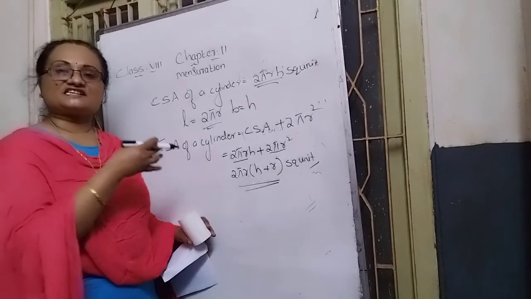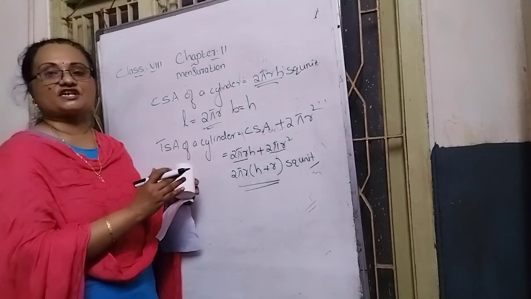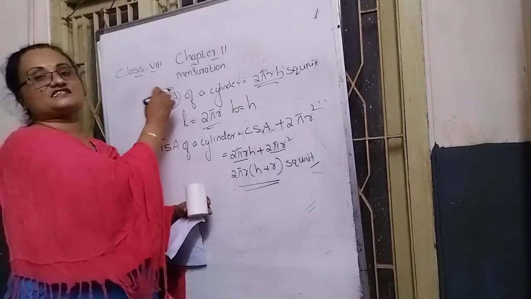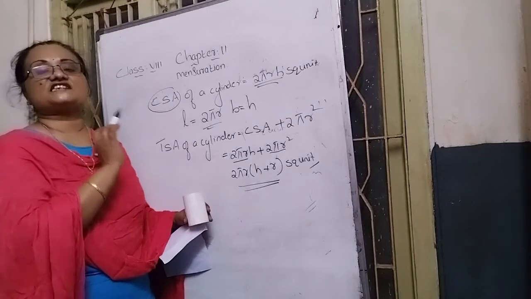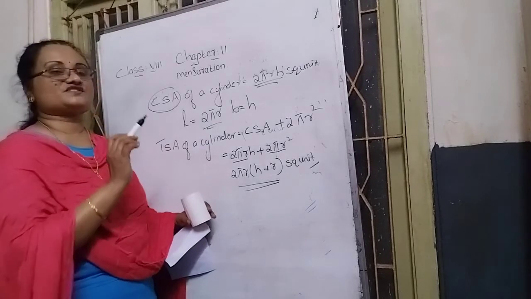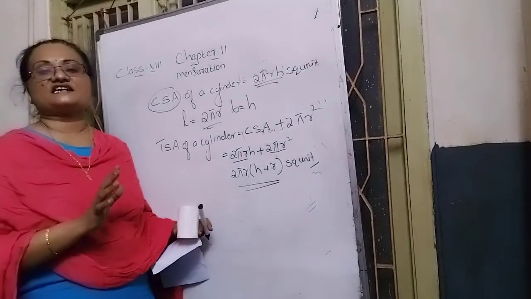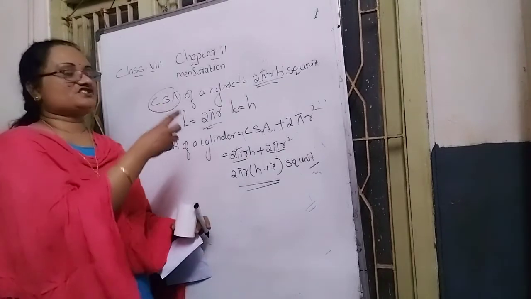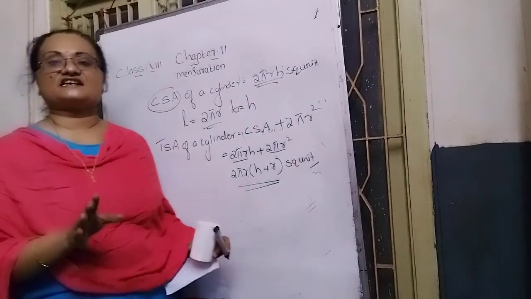But in the cylinder case, one face is in which shape? A curved shape only. That's why we use CSA, curved surface area. Both have the same meaning. The formula is 2 pi r h. TSA of a cylinder is 2 pi r into h plus r. Then using these formulas, the remaining questions we can discuss in the next class. Thank you.